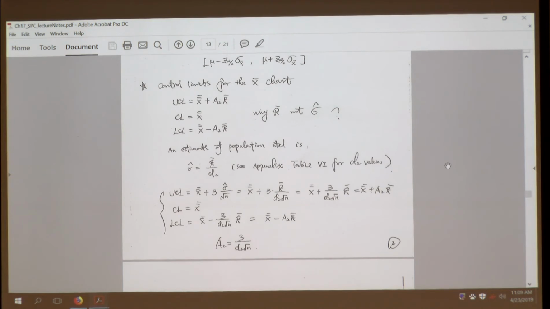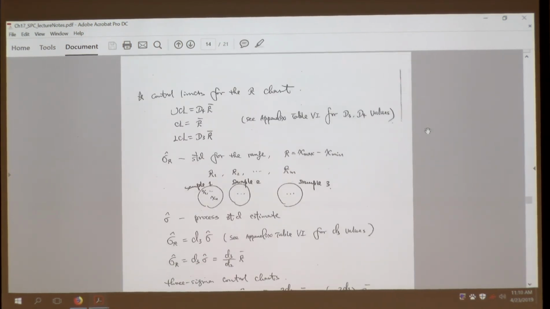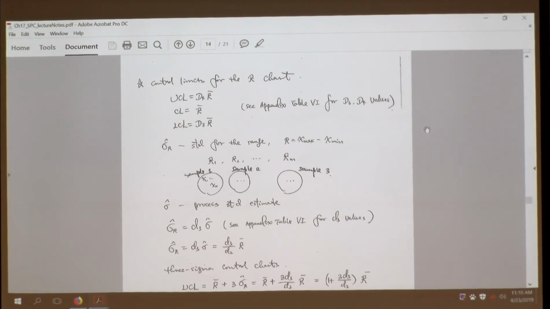In this way we will be able to get the X bar chart. And similarly, how do we do the R chart? For the R chart we need D3 and D4. So you have R1, R2, up to Rm. You want to see whether each R is inside the control limit or not. If it is outside the control limit, that is called out of control.